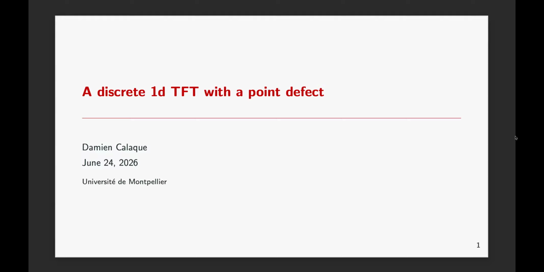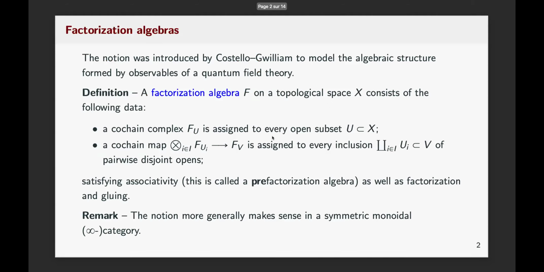But the talk is more about working on a toy example that allows us to see how homotopy theory can be used to understand some aspects of quantum field theory. So 1D means one space-time dimension. It's just time, no space dimension.